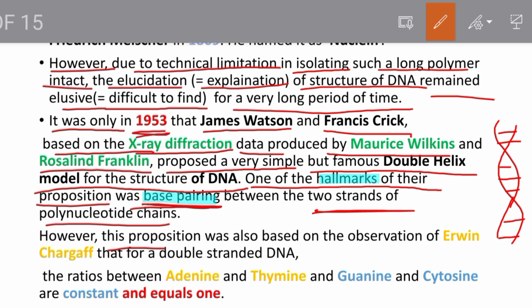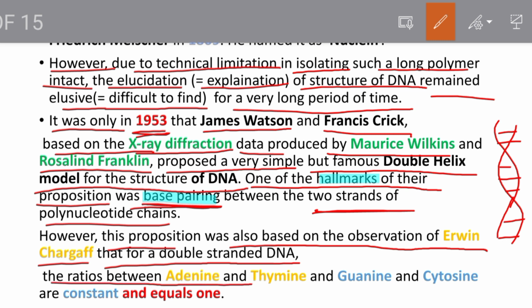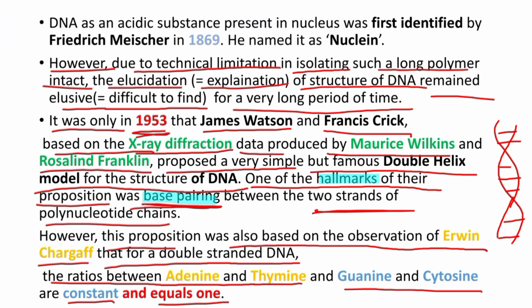However, this proposition was also based on observation of Erwin Chargaff that for a double-stranded DNA, the ratios between adenine and thymine and guanine and cytosine are constant and equals 1. Let's see that.